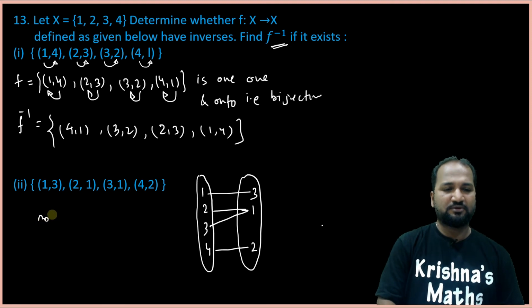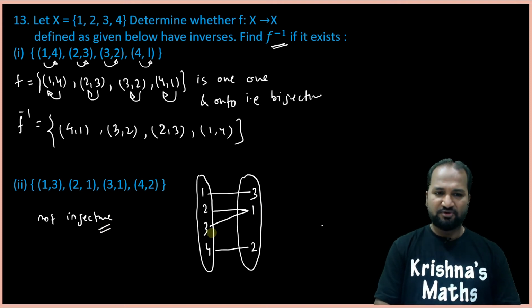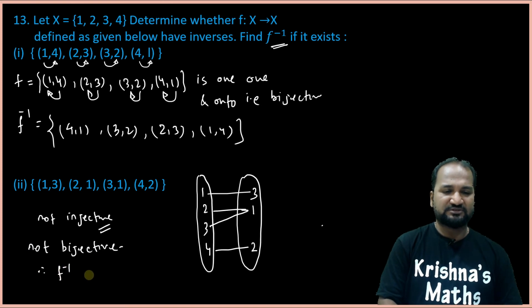That means 2 and 3 have the same image, so it is not one-one, so not injective, and therefore not bijective also. Therefore f inverse does not exist.